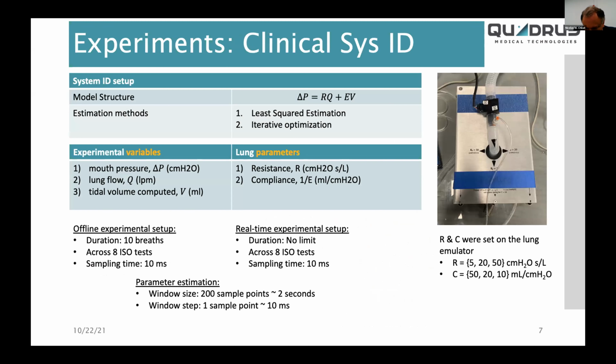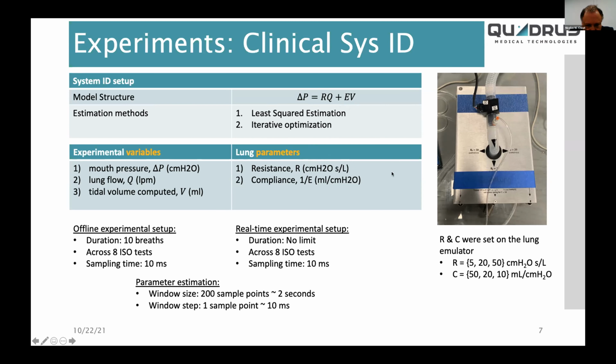So now that we have the structure of the lung, as you see here, the model structure is delta P equal to R times Q plus E times V, where R is the resistance to airflow, which is a parameter of the lung, and E is the elastance. We take compliance, which is 1 over E, which tells us how stiff the lung is.